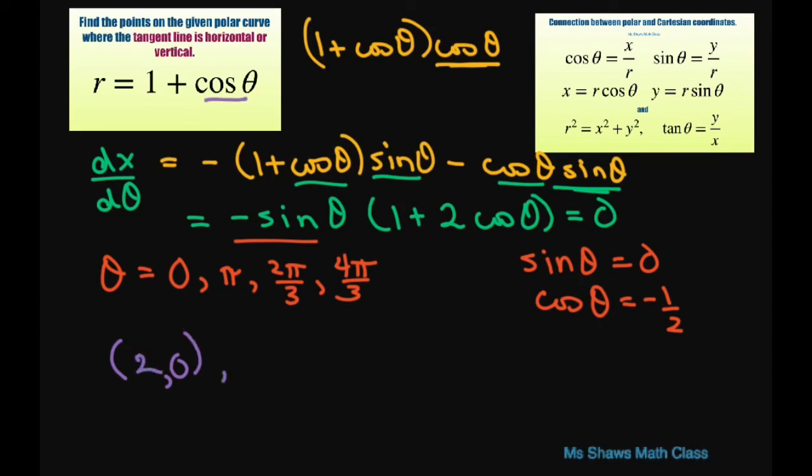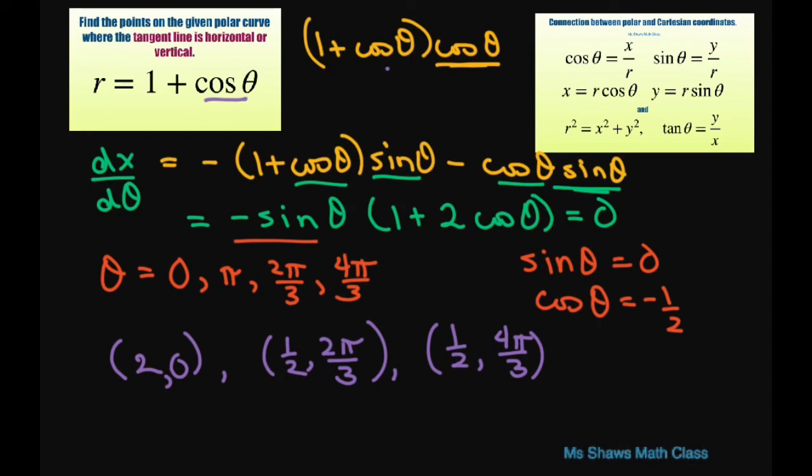At 2 pi divided by 3, substitute that in, and you're going to get 1/2, because that's going to be negative 1/2. So 1 minus 1/2 is 1/2. And at 4 pi divided by 3, substitute that in, and you're going to also get 1/2.